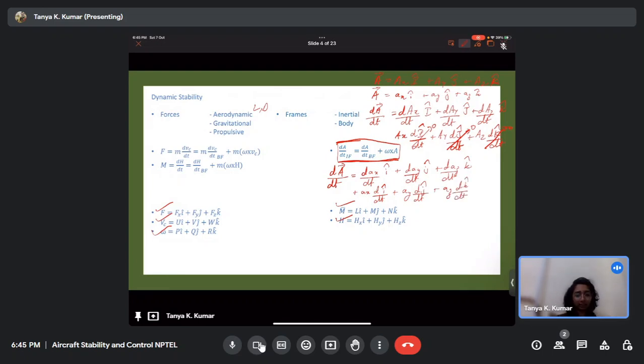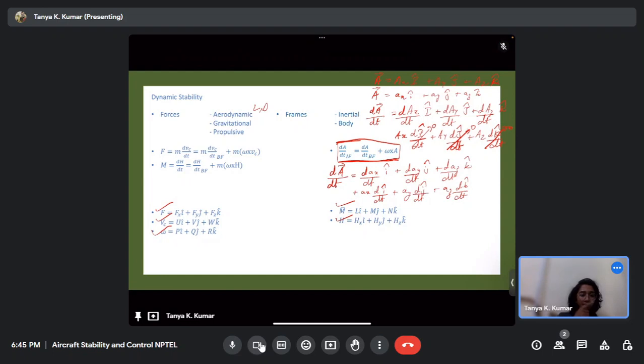Now is this right? The second equation, derivative of the same vector in the body frame, is this right? Is it right? Do any of the terms go to 0 just like the inertial derivative case? No, they don't, because your body frame is not fixed in time.